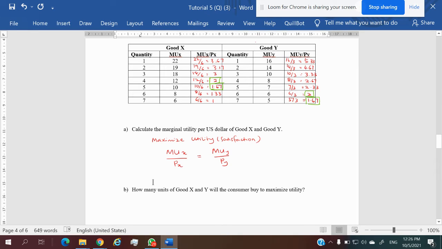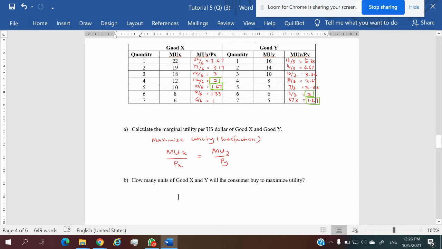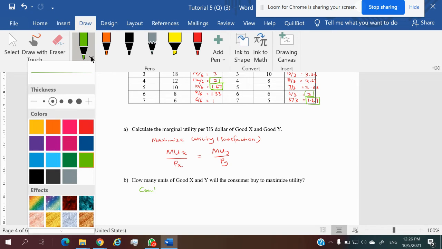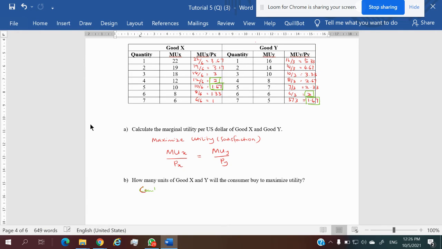So to answer which point will give you the maximum satisfaction, it will help to answer question B. So the combination of goods that can maximize utility, satisfaction, we have two.